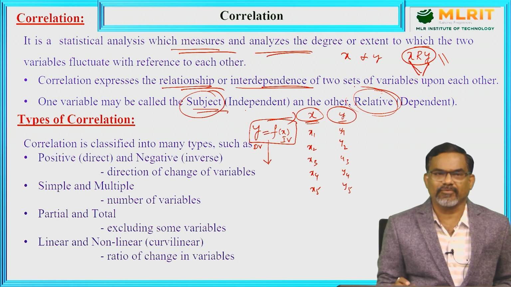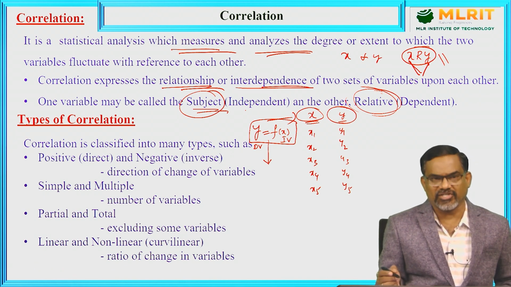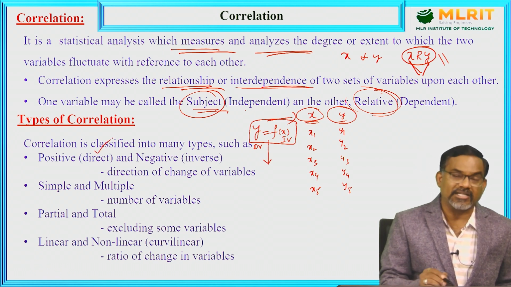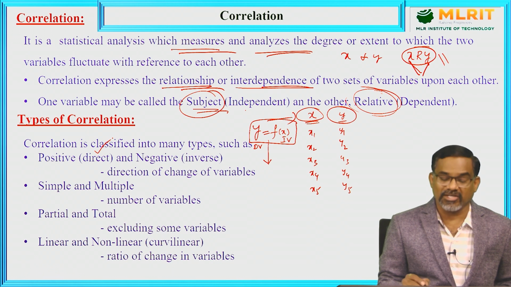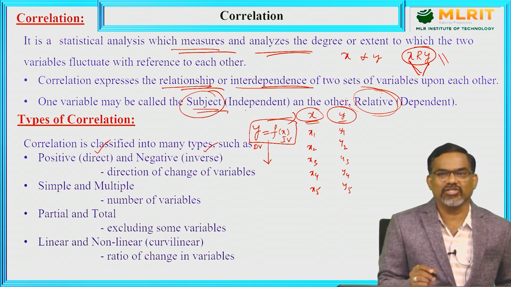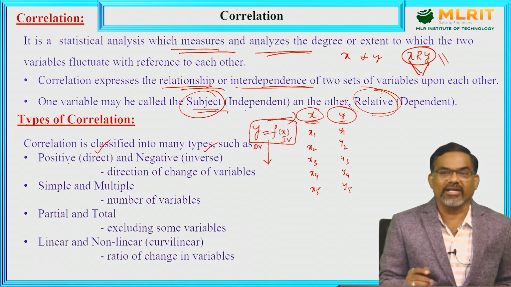Now, types of correlation. The correlation is classified into many types such as positive and negative correlation. So, this positive correlation is also known as direct correlation and negative correlation is inverse correlation. And on which basis can we decide whether the correlation is positive or negative?